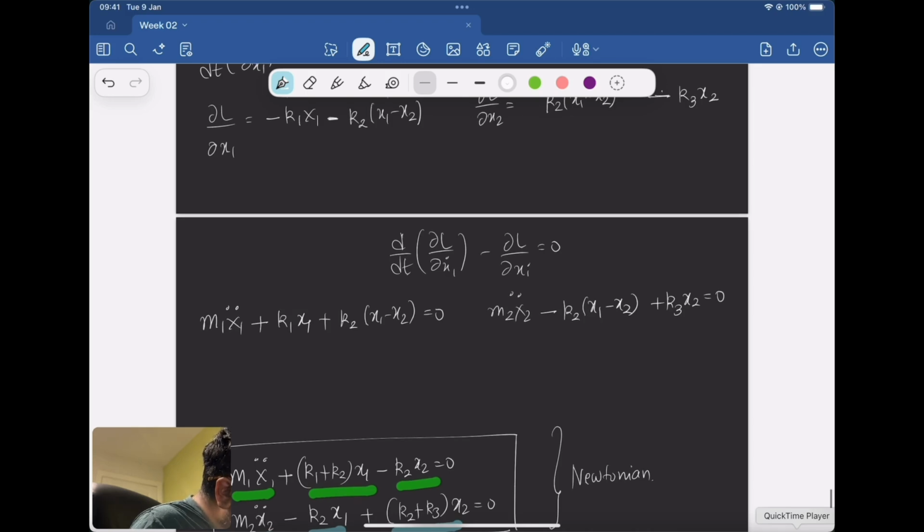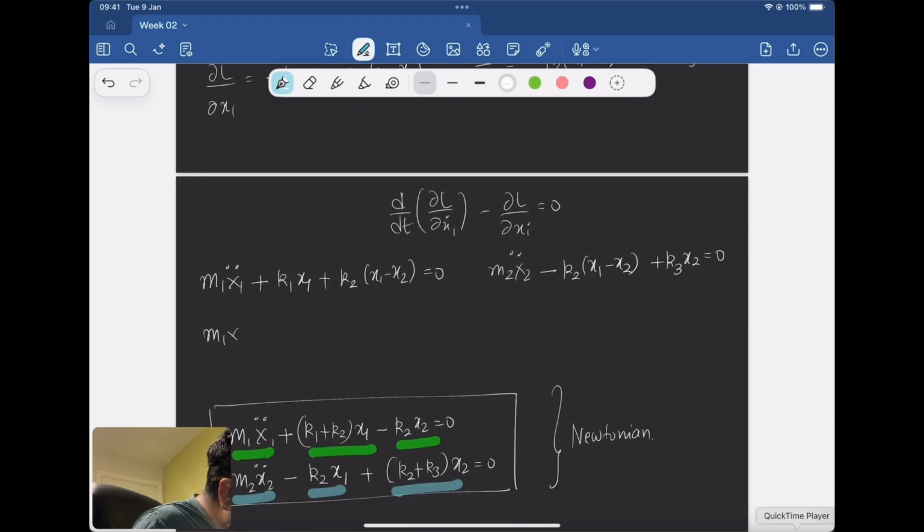Or I can simplify and rewrite this as m1 x1 double dot plus x1 into (k1 plus k2) minus x2 into k2 equal to 0. Similarly, m2 x2 double dot minus x1 into k2 plus x2 into (k2 plus k3) equal to 0.